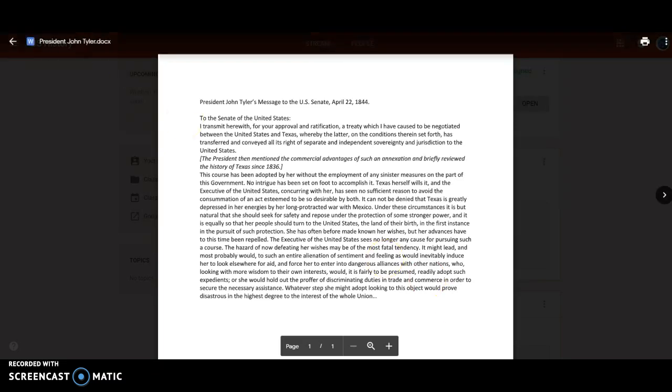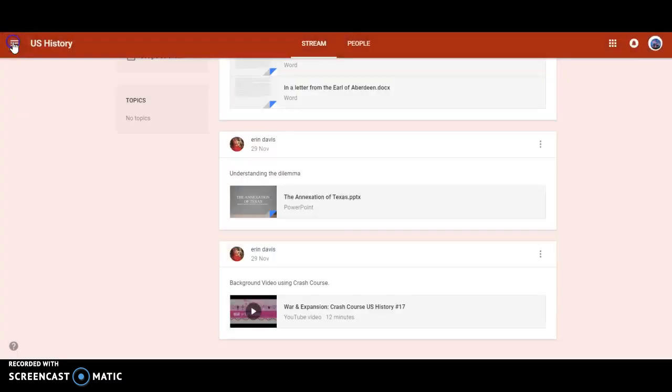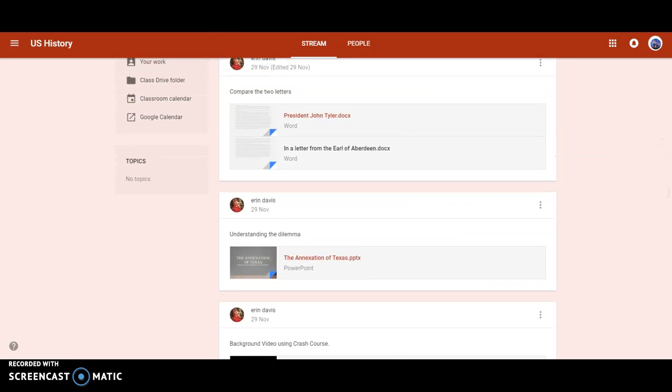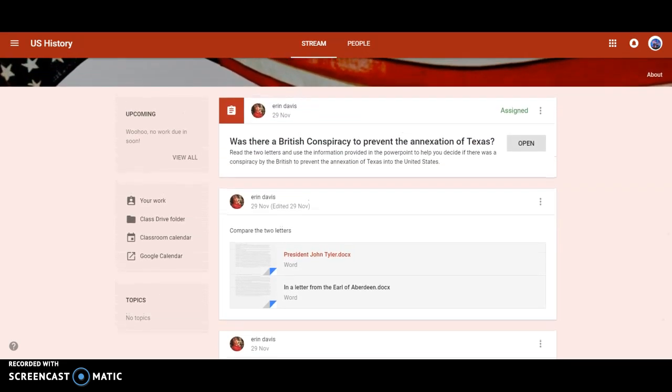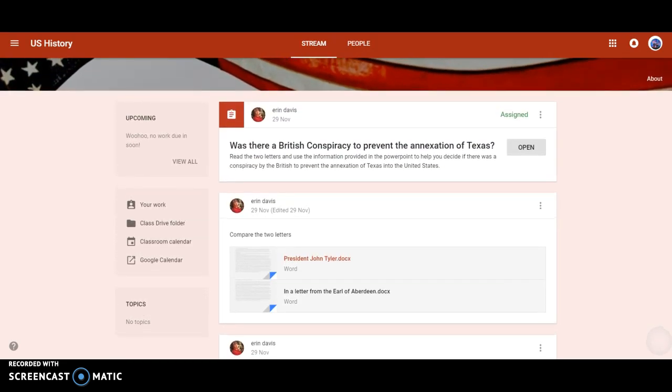They're still fighting for their independence from Britain, even though it's been almost 75 years. There is a worry, especially as Britain is right there with Mexico at the base and they've got power at Canada, and they're worried that if they don't annex Texas, they are going to be opening themselves up for a 2-pronged attack from Britain.